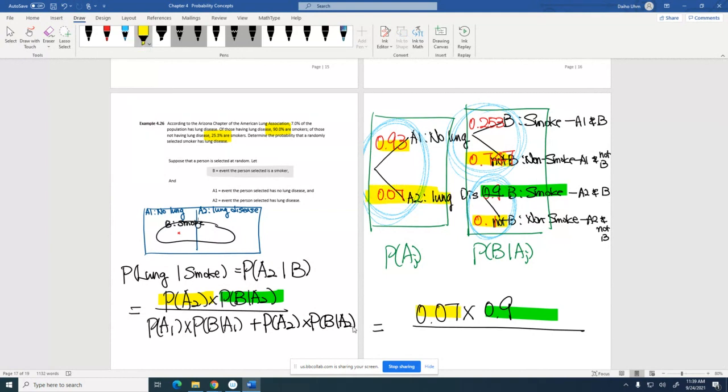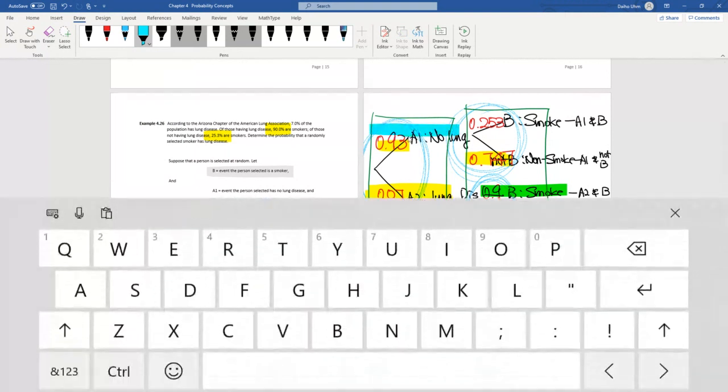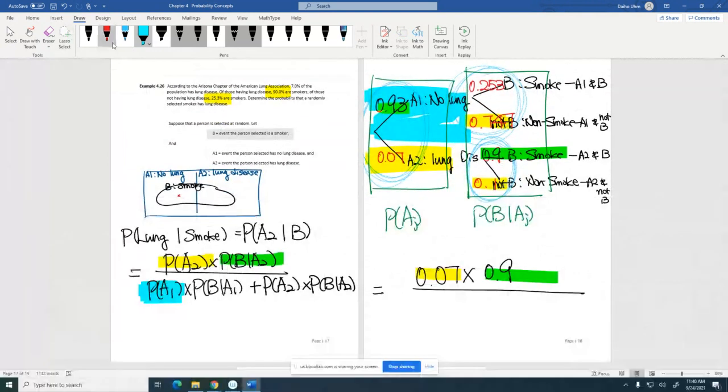Okay, now probability of A1 is 0.93. Can you say what is the conditional probability of B given A1? 0.253. Thank you.